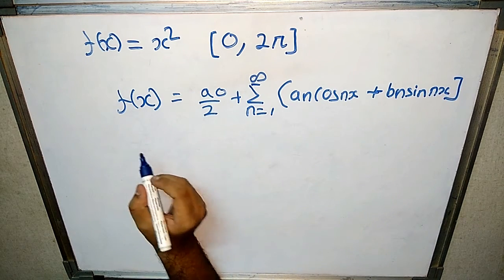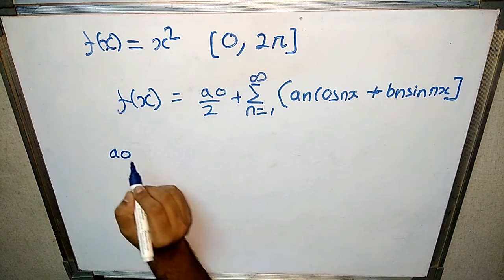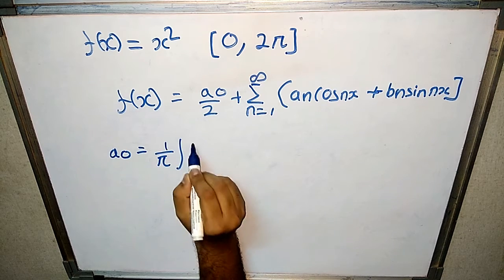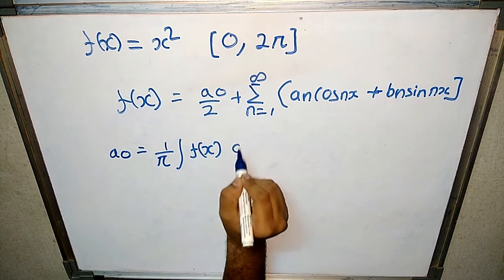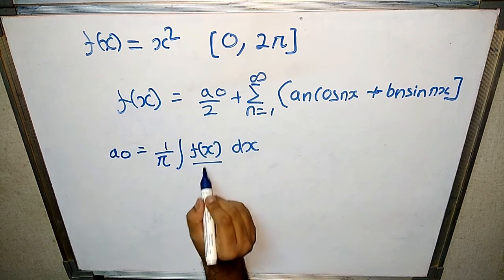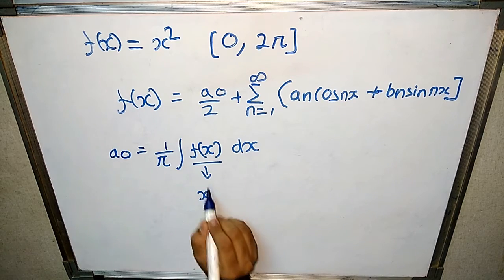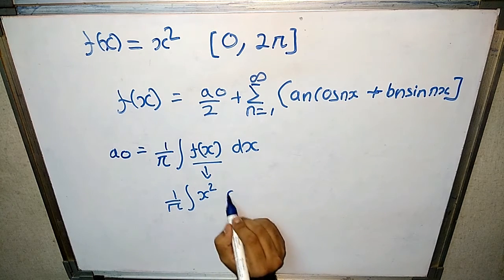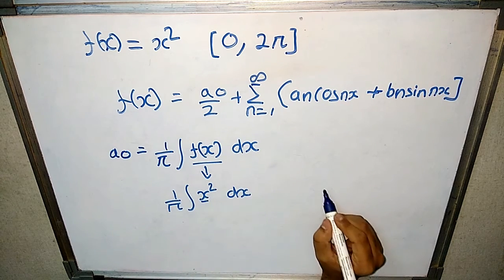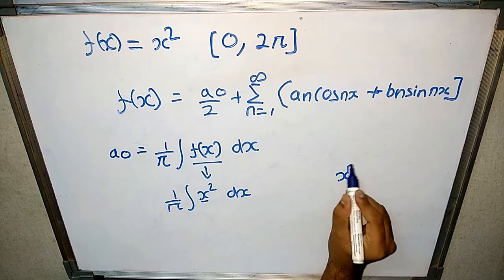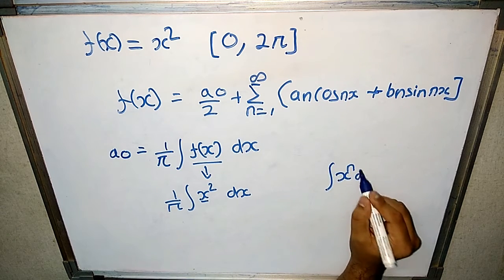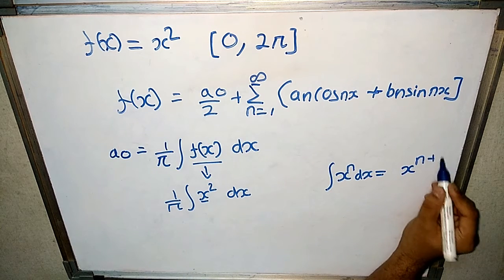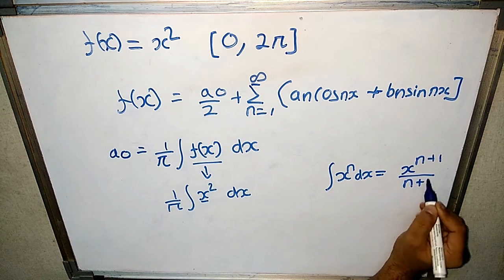So first we have to find a0, that is 1 by pi integration f of x dx. F of x is given as x square. So this is of the type x raised to n, and integration of x raised to n is x raised to n plus 1 upon n plus 1.